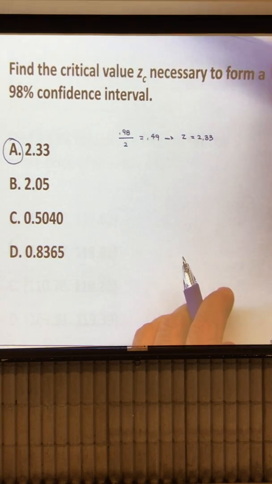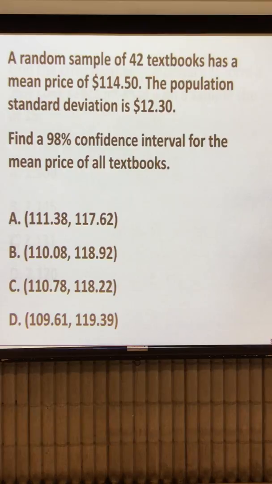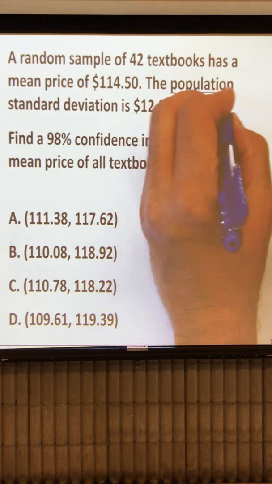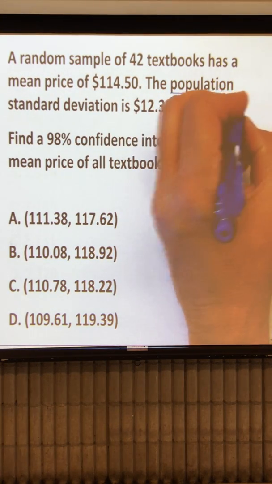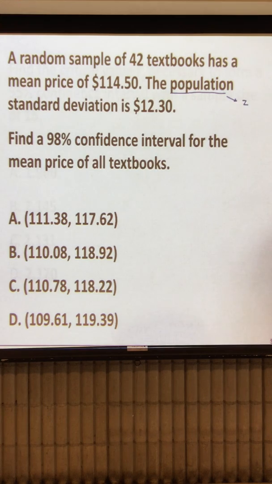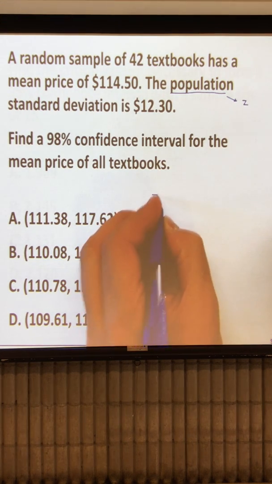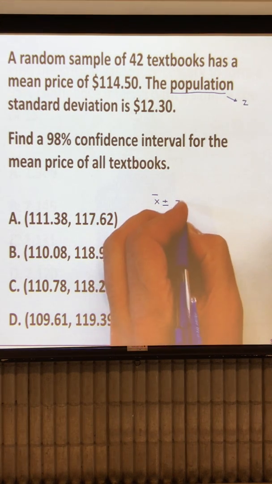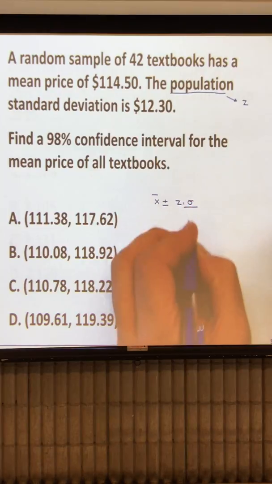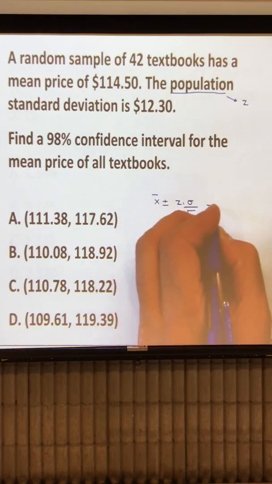Let's go to see the third activity. For the third activity, we have a sample of 42, and we know the population standard deviation. So we have to use the z, the normal distribution. So we have x bar plus minus z times sigma over square root of n.